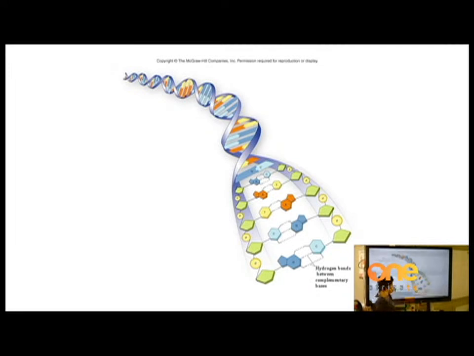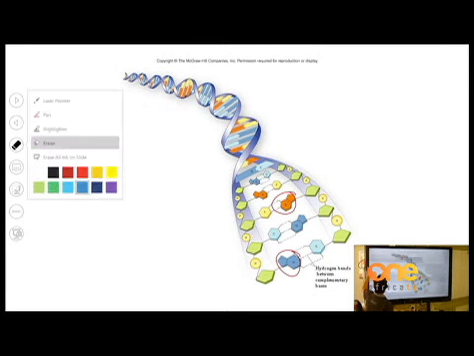And what I also see is that G and A are the larger ones. A and G have 2 rings, and we call them the purines.